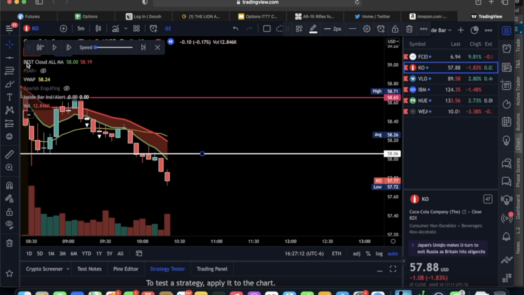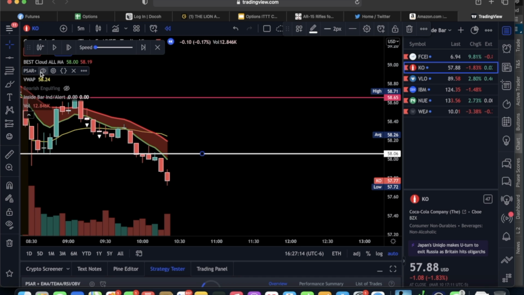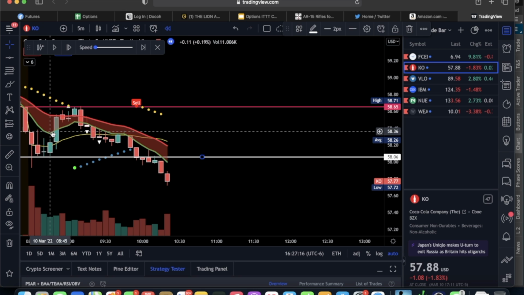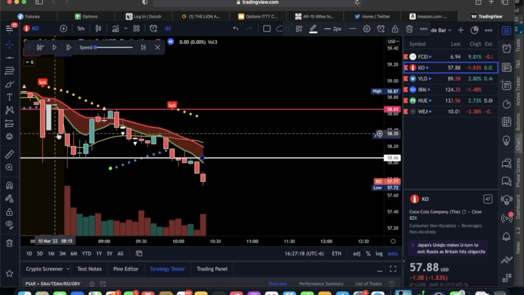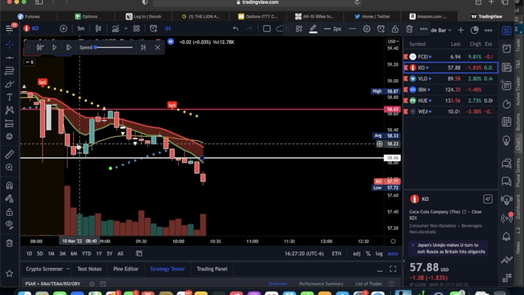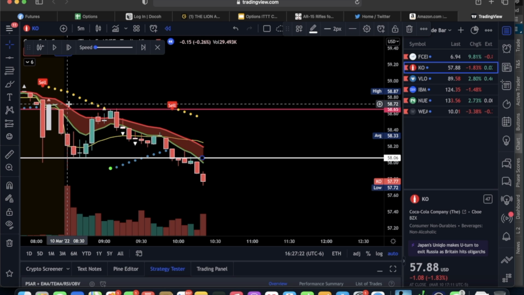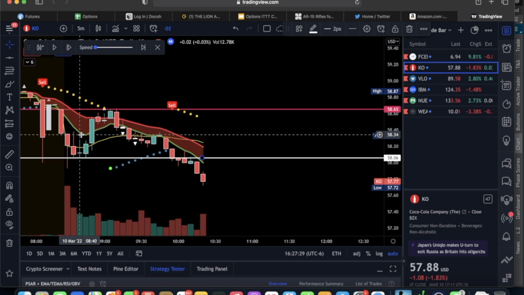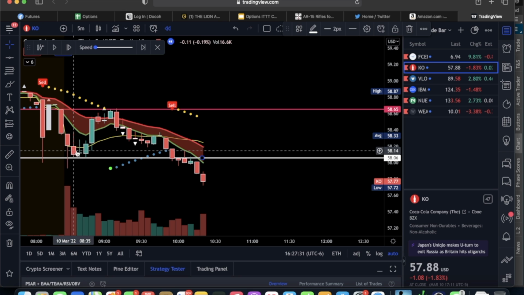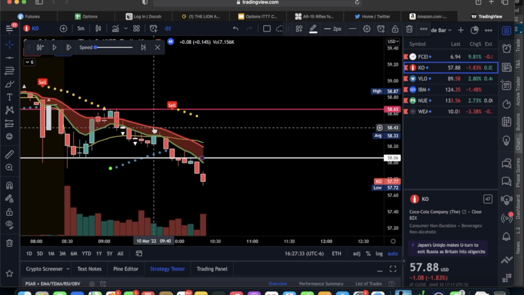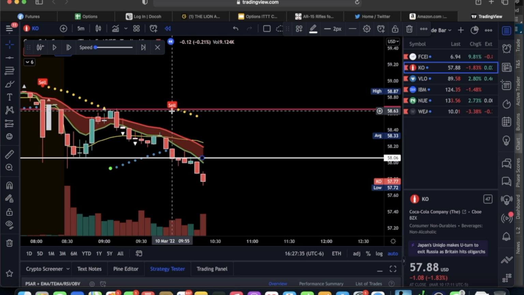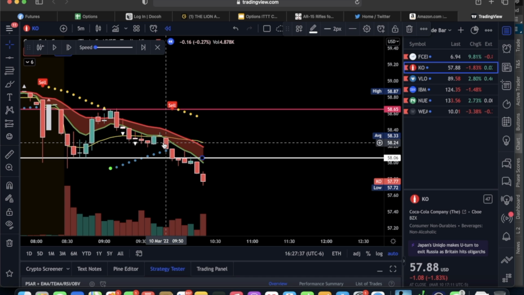But I'm also going to turn on the PSAR. I don't want to teach people to rely on the PSAR, but we'll see if it agrees with the move from time to time. So PSAR stands for parabolic stop and reverse. And you can tell if you were just leaning on the PSAR, you would have gotten into this play a little too late. You would have gotten in right here.